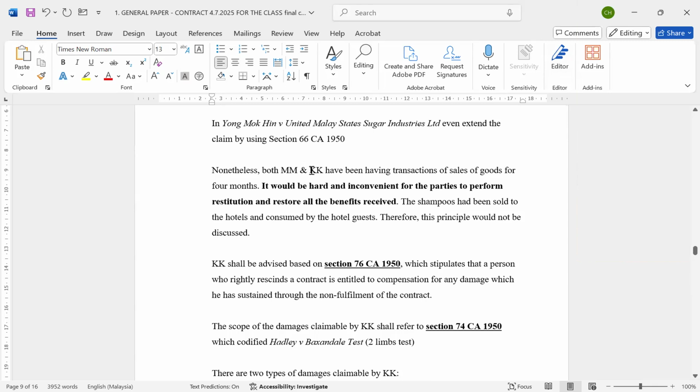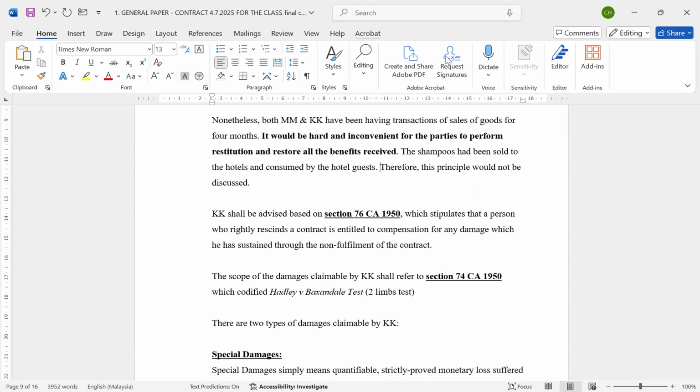Nonetheless, both KK and MM have been having transactions of sales of goods for 4 months. It will be hard and inconvenient for the parties to perform restitution and restore all benefits received, because practically the shampoo would have been sold to the hotels and consumed by hotel guests.